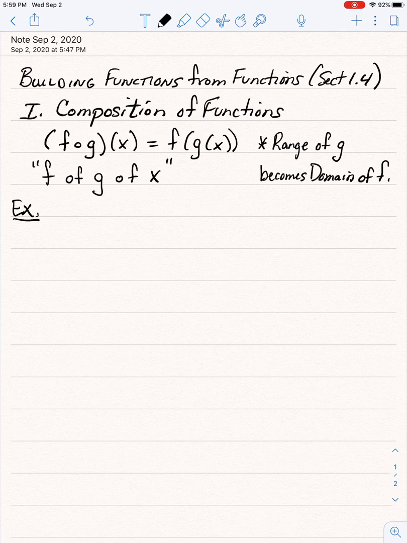Let's say that f of x equals x squared minus 1, and g of x equals the square root of x. Perhaps the first composition we want to figure out is f of g of x.